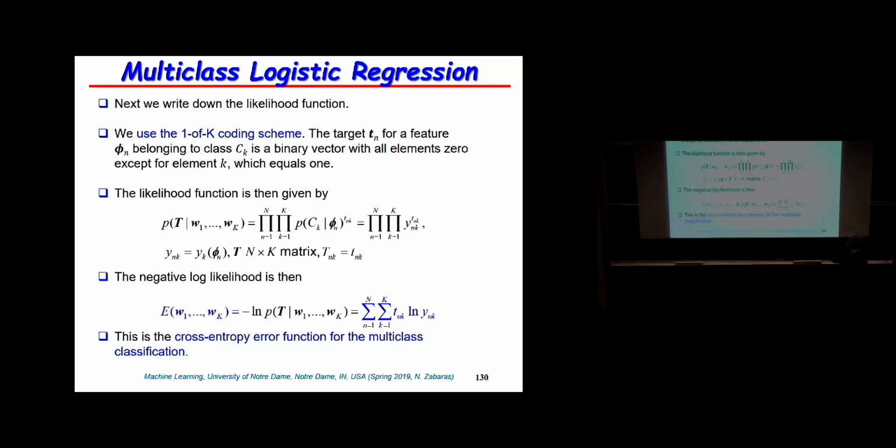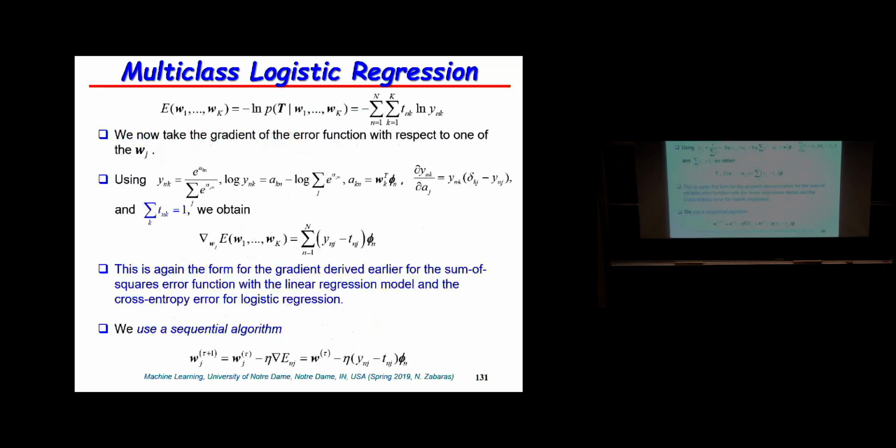So if you take logs of that, you basically get the cross-entropy function exactly as before. The only difference is now that we have a summation over classes, and there is an index little k there, because we used this one of K coding. So this is the cross-entropy for the multi-class problem.